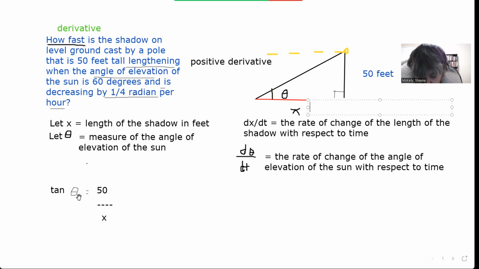There are other ways of doing it too, but special triangles would help you the most.